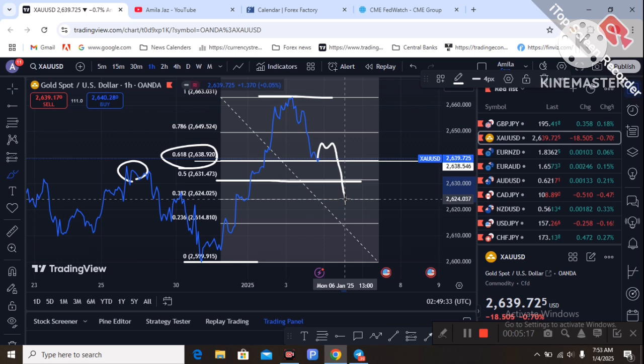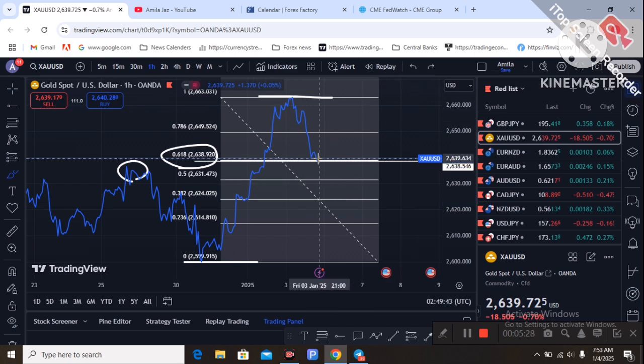So two scenarios can happen. Price is in an important zone, the 0.618 golden zone. So wait for the market behavior, price action, candlestick action, and what the Federal Reserve, the American central bank, does with the economic data next week, the labor market data, what the actual labor market data is. Before you take a trade, follow the economic data.